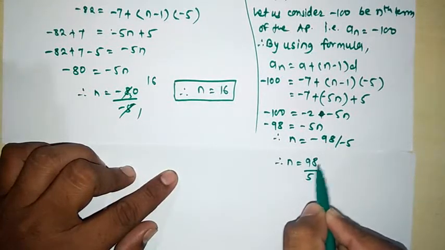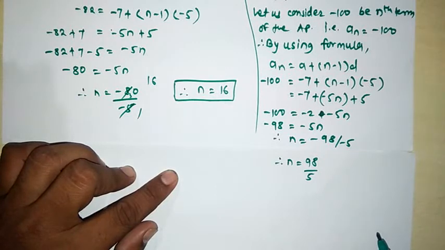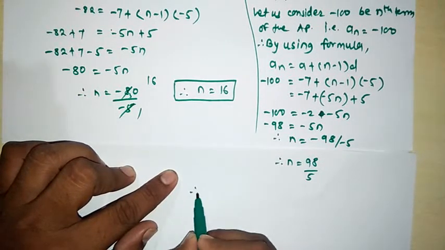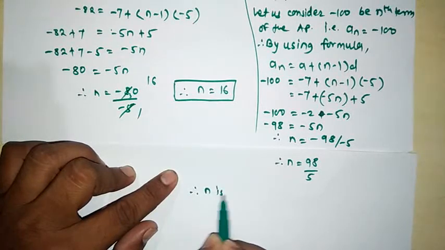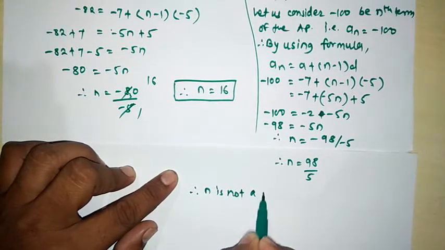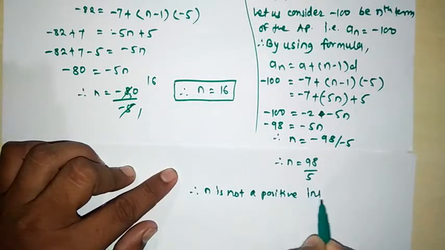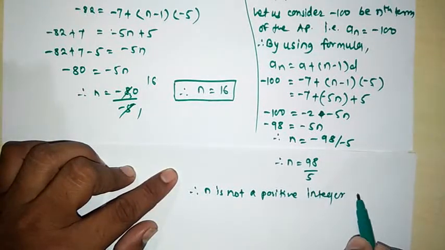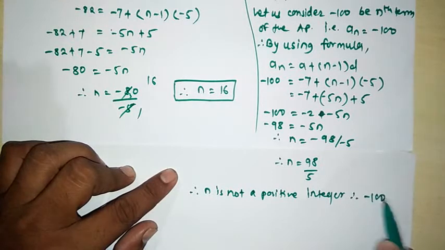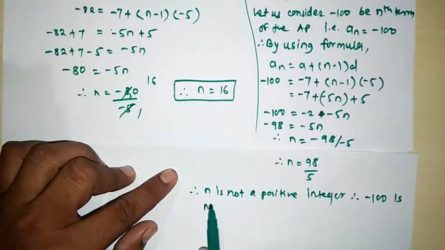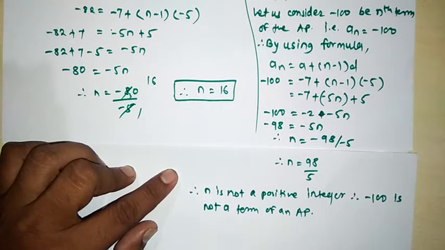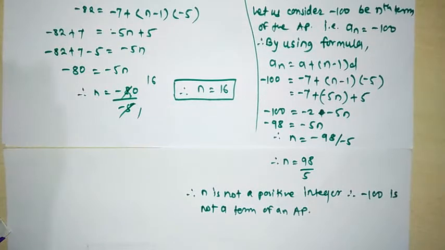Now we have to check here, is 98 divisible by 5 or not? No, 98 is not divisible by 5. Therefore n is not a positive integer, therefore minus 100 is not a term of the AP, because यहाँ पर आपको n का value fraction में मिला है.